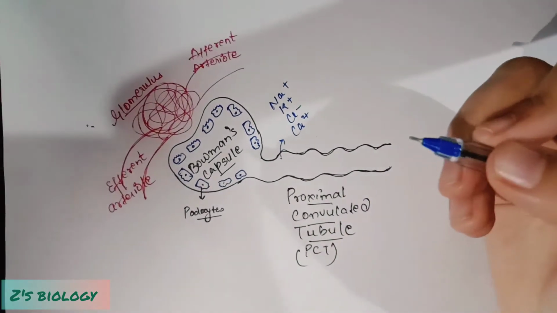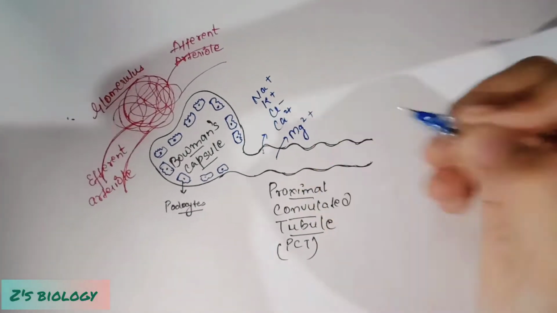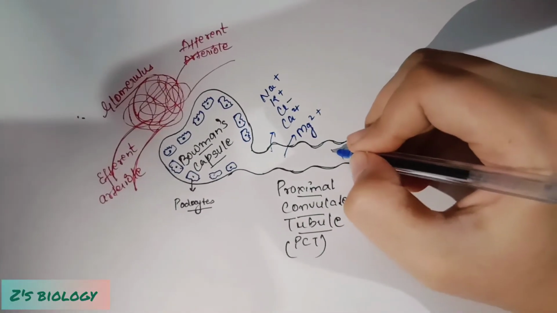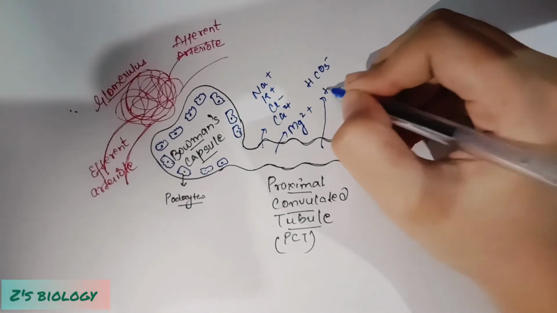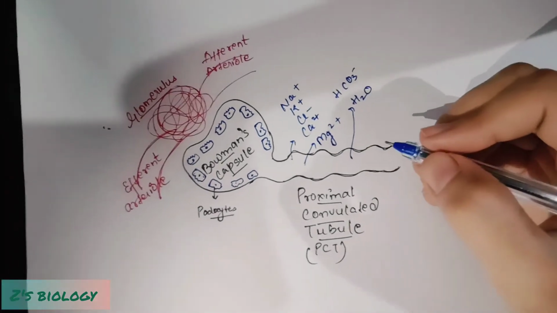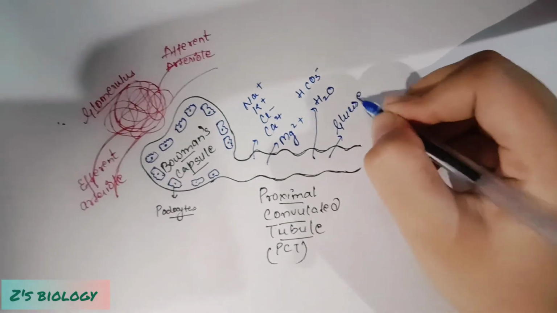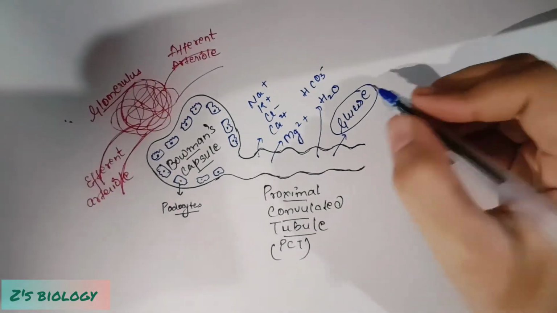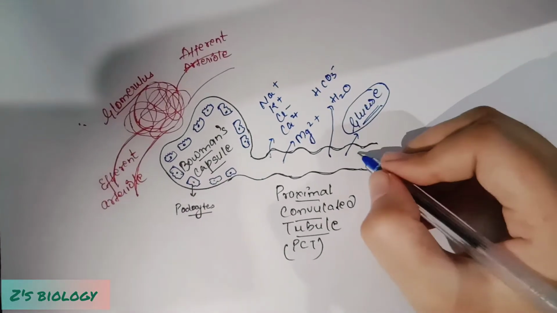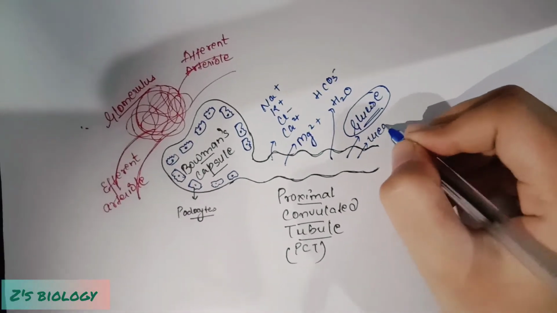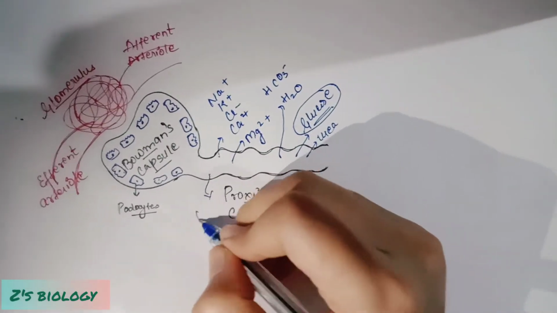The PCT is made up of brush border epithelial cells, which help the PCT in performing the reabsorption function. Let me tell you the substances which are reabsorbed from the PCT and reach back to the blood. These can be glucose, which is reabsorbed in high quantities, amino acids, sodium, potassium, calcium, phosphates, and chlorides.